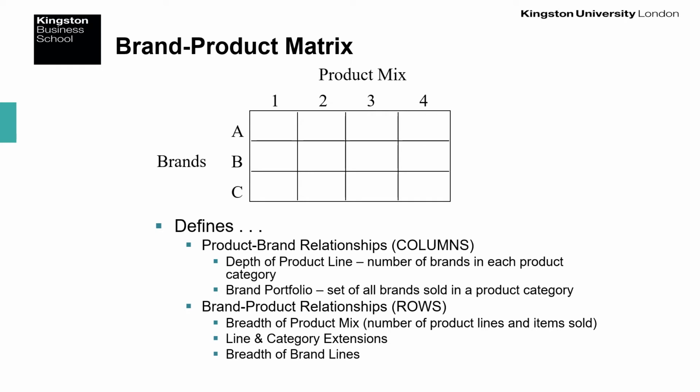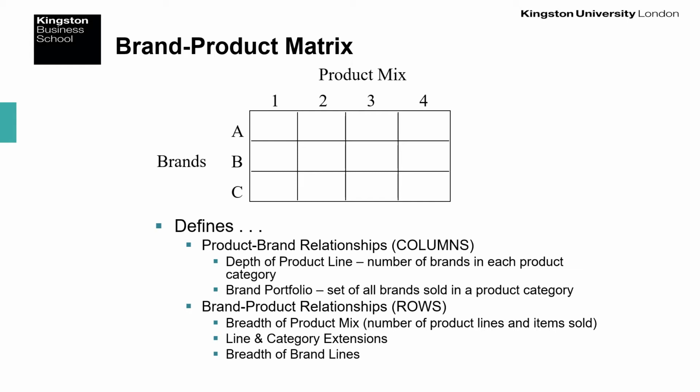And it then sets out the brand portfolio, the set of all the brands in a particular product category. And then if we look across the rows of the brand product mix matrix, we can see the breadth of the product mix, the number of different product lines and items across all the different product categories and marketplaces that the organisation offers to the market.